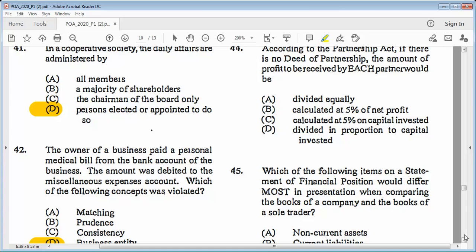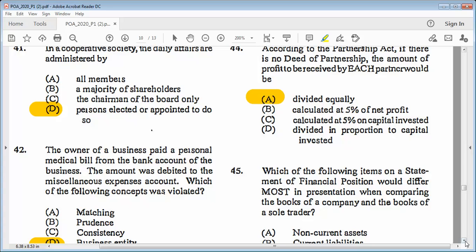We know that our answer would be A. It is divided equally. Partnership Act, if there is no deed, the amount to be received by each partner should be divided equally. So A.